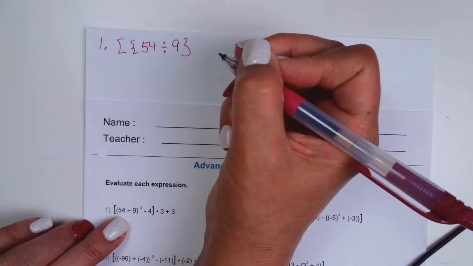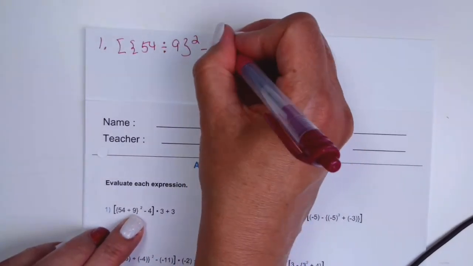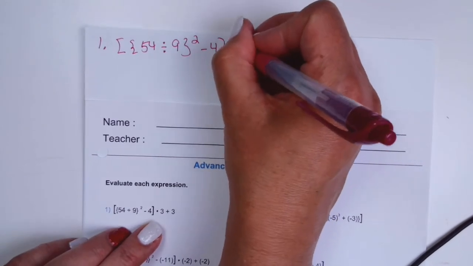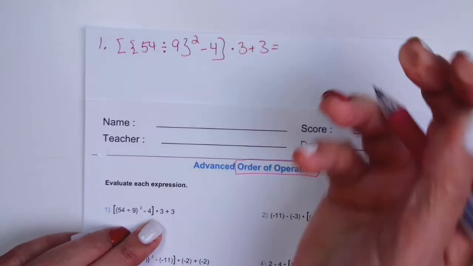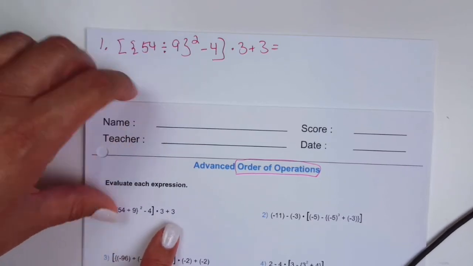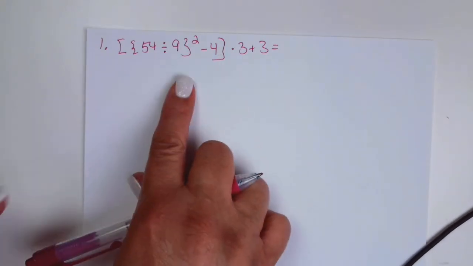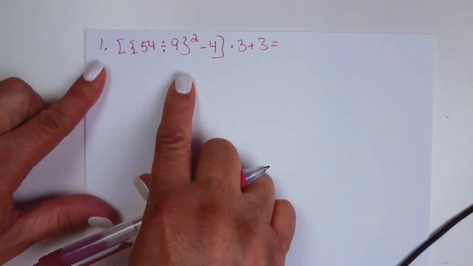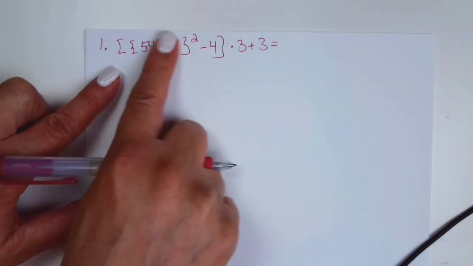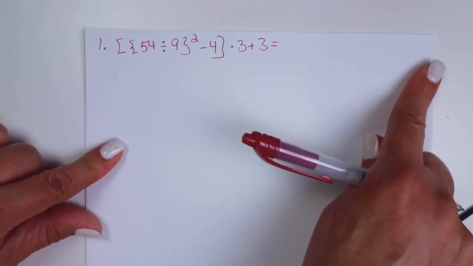We close the braces, squared minus 4, bracket closed, times 3 plus 3. Okay, and I double check that everything here is correct. Now, what I'm going to do is go underneath this because it is easier for me to see my mistakes when I actually write it under instead of to the right.